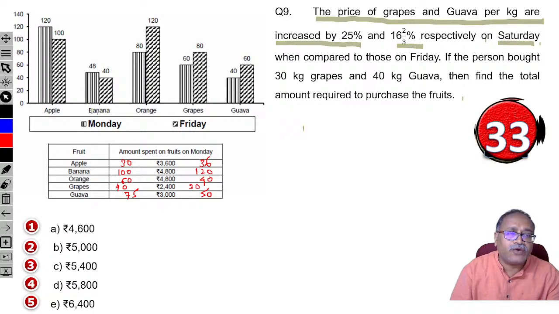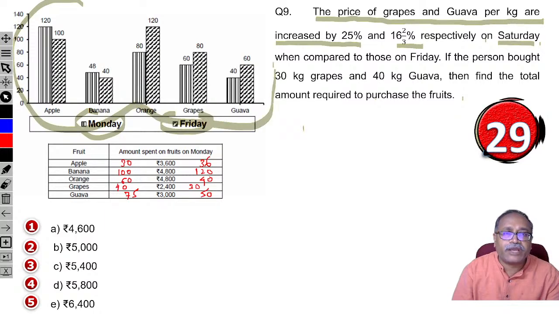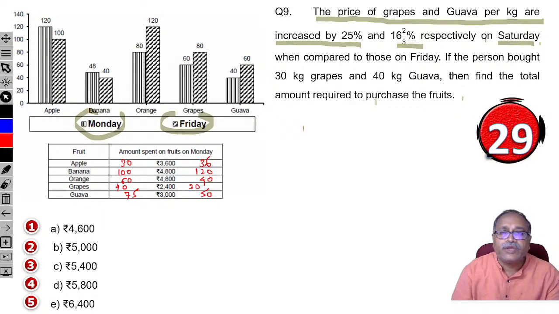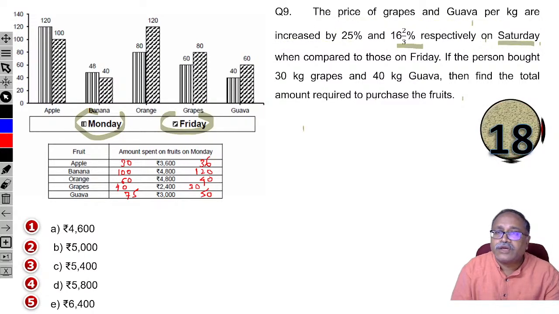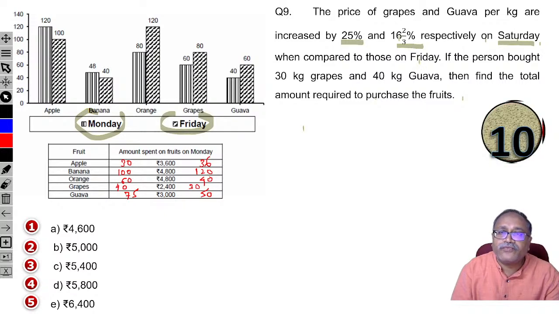We have the data of Monday. This is about the price. So it says that on Sunday about grapes and guava, the prices are increased by 25% and 16 2/3% on Saturday when compared to Friday.